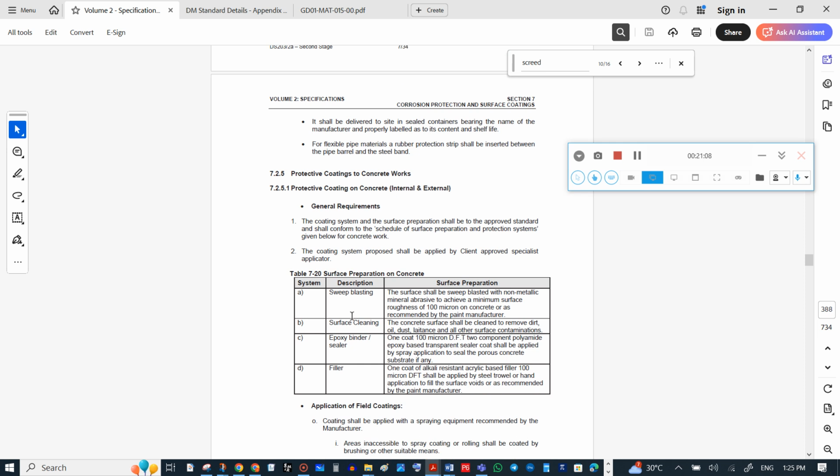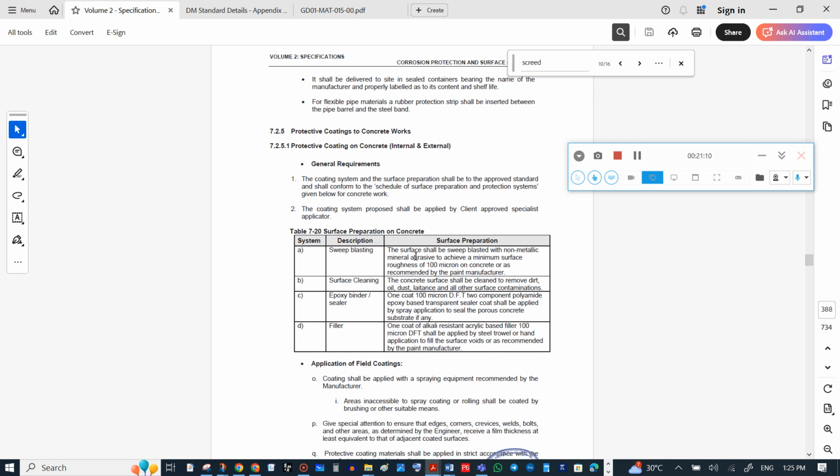It is sweep blasted with a non-metallic mineral abrasive to achieve a minimum surface roughness of 100 micron on concrete. Sweep blasting is what we have to adopt instead of grit blasting in MIRFA, because grit blasting is not meant for concrete, and that is very true.